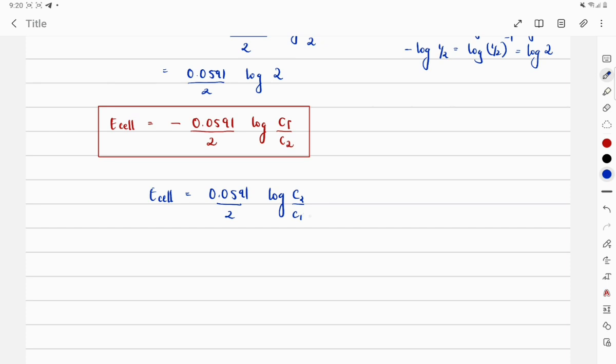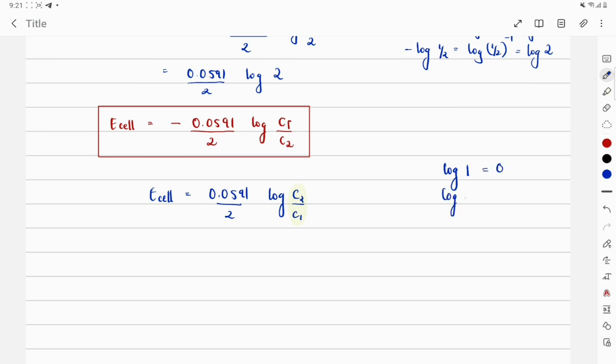If this value should be a positive value, that means my C2 should be greater than C1, because if C1 is greater, this value is going to be a decimal one, right? Means less than 1. It is going to be less than 1 if C1 is greater, and log of any value less than 1 will be negative. Hope you know all those basic things. So we know log of 1 is 0.